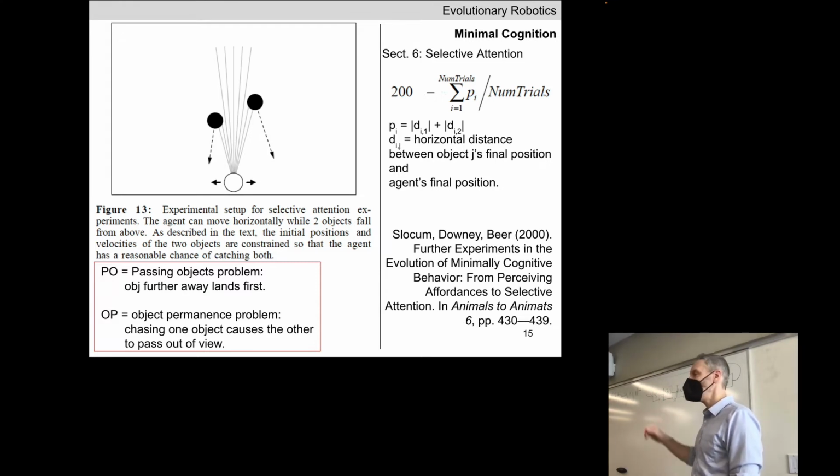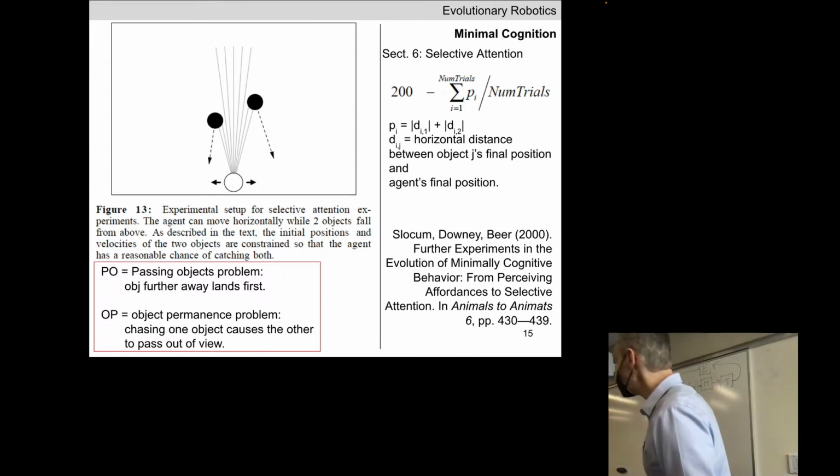So the right-hand object is actually moving faster. And in this cartoon, the idea is that at some point, the right-hand object is going to pass the left-hand object, meaning suddenly it's going to be closer to the robot than the one on the left, and the right-hand object is going to hit first. And in many cases, the robot is going to need to know that before this object passing event happens.